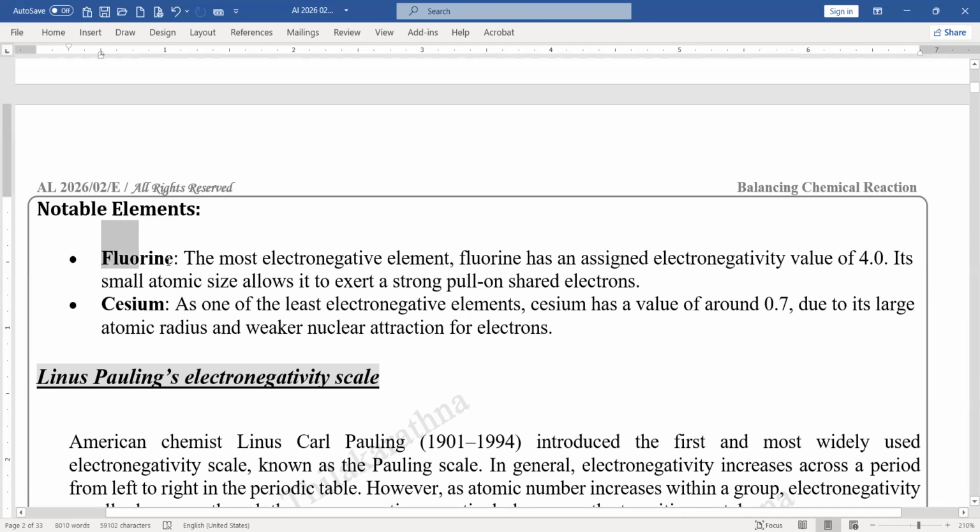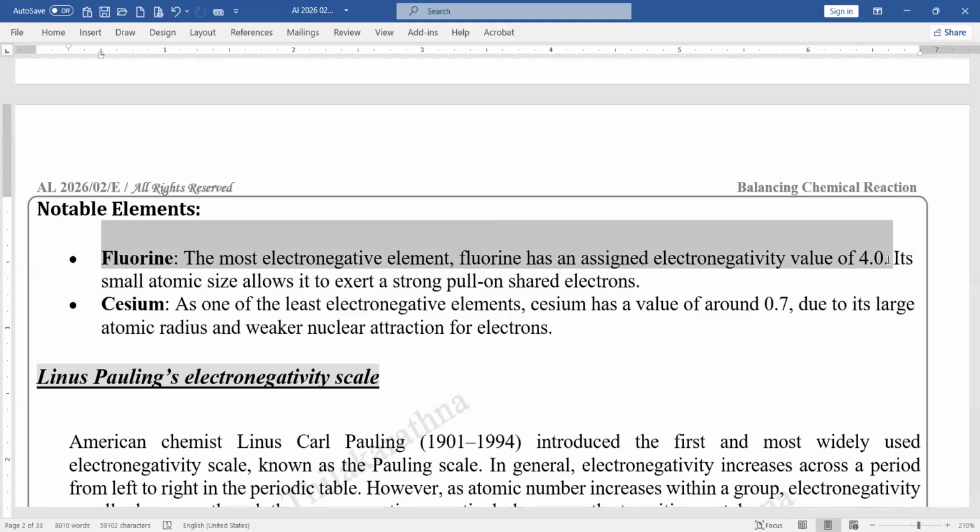But the most electronegative element is fluorine, and fluorine has an assigned electronegativity value of 4. Its smallest atomic size allows it to exert a strong pull on shared electrons.